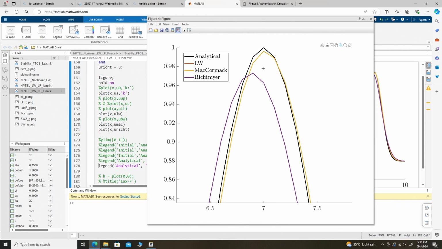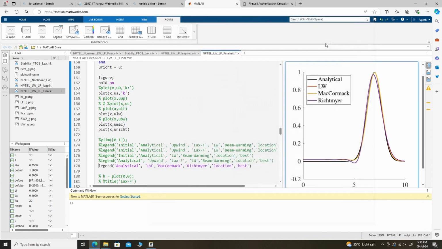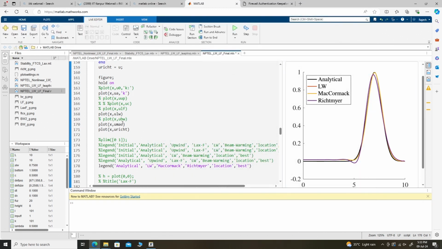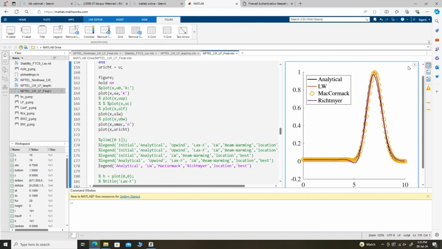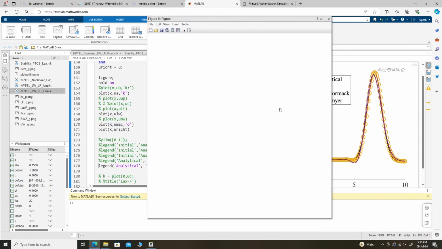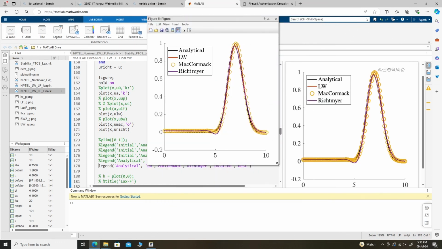For the linear problem, the Lax-Wendroff and the McCormack are exactly the same. That is why you are not seeing anything here. If I just remove this and put some markers here, you can see that it is just coming on top of the Lax-Wendroff scheme.